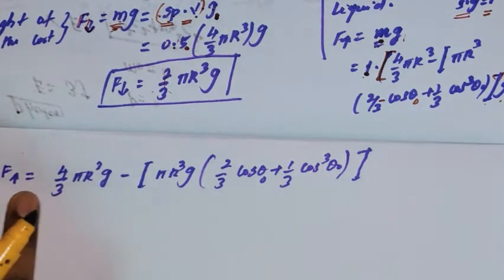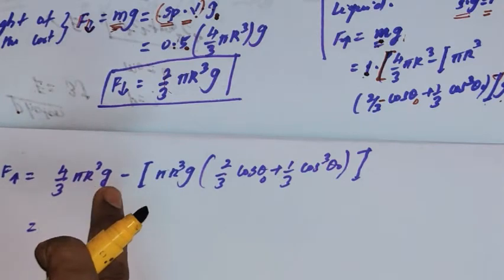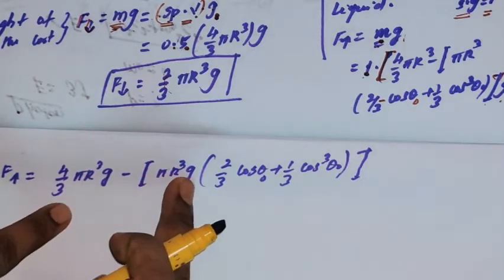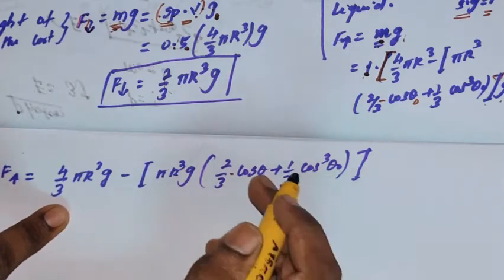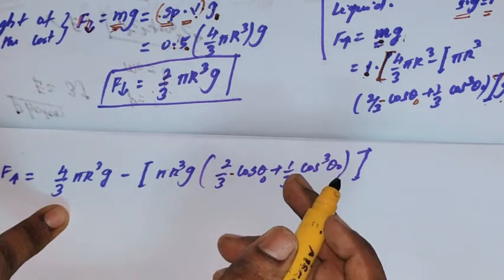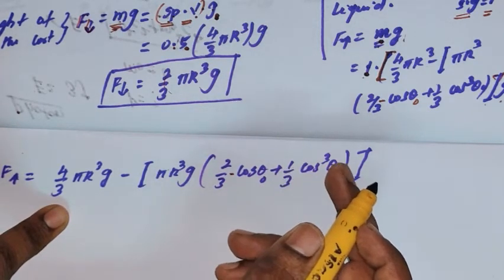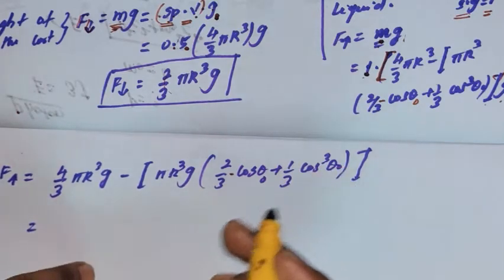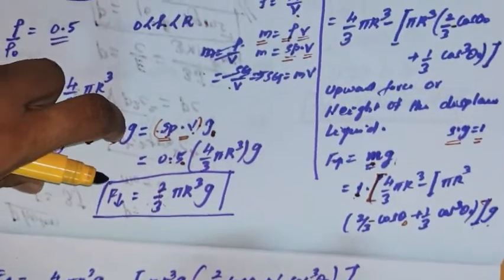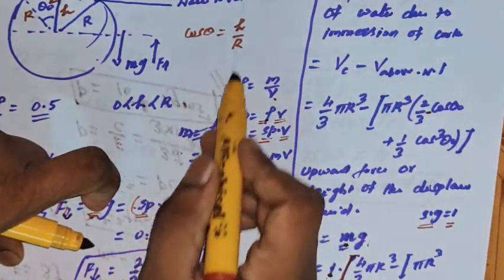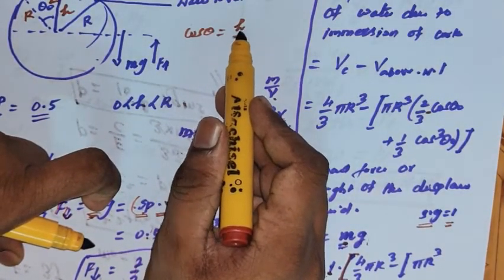of the liquid displaced: 4 by 3 pi r cube g minus pi r cube g times 2 by 3 minus cos theta naught plus 1 by 3 cos cube theta naught. So here we know the cos theta naught, we already defined it here, it is equal to h by r from the diagram.